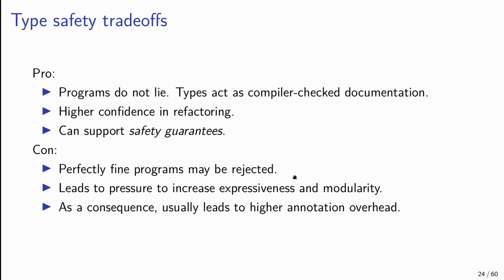And because people like type safety and they don't like having their programs rejected, you always get this sort of pressure to increase expressiveness and modularity of your language. So as a consequence, you usually get a bit larger annotation overhead. This is what is colloquially known as attribute soup indeed.